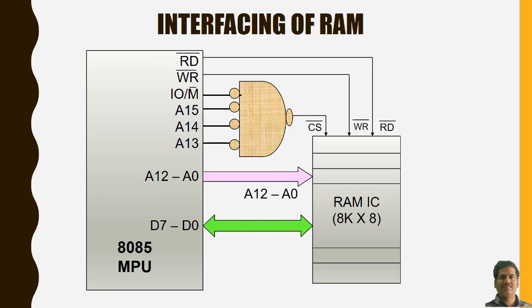Now in this particular case we have implemented the chip select using logic ICs, and RD bar and WR bar are connected. It is a random access memory, so both read and write are needed here. Address lines A0 to A15 are connected to the RAM, and the 8-bit data lines D0 to D7 are also connected.